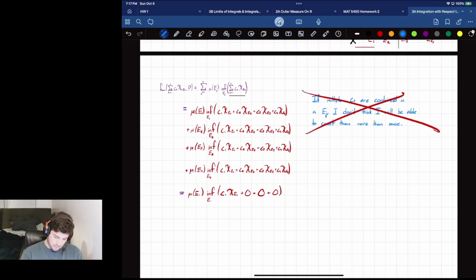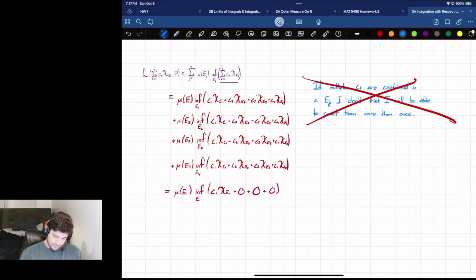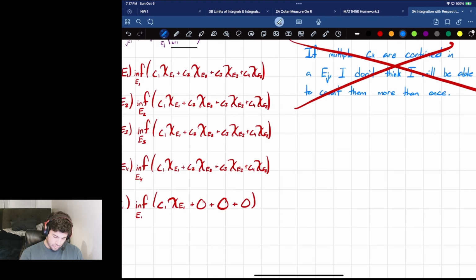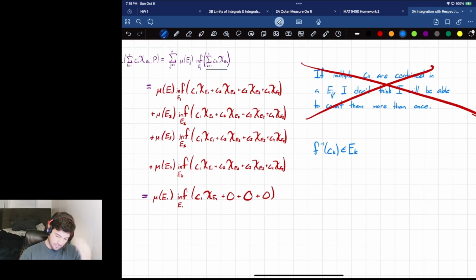This is, what was it? It was the inverse. That has to be an EK. And that doesn't necessarily mean CK.